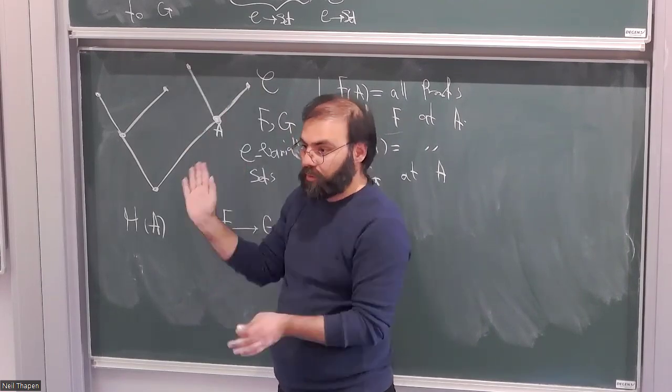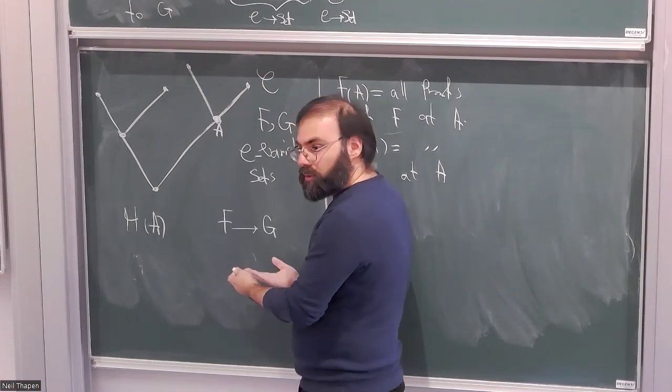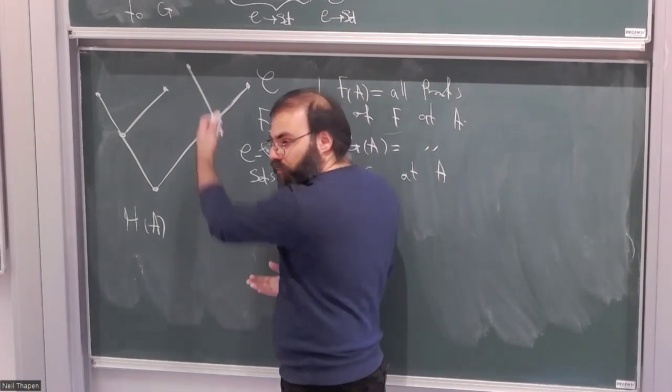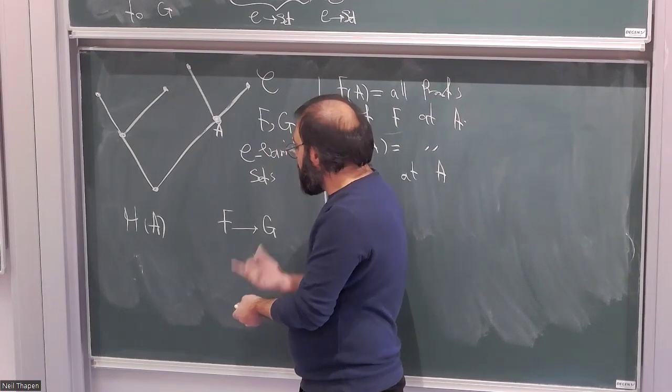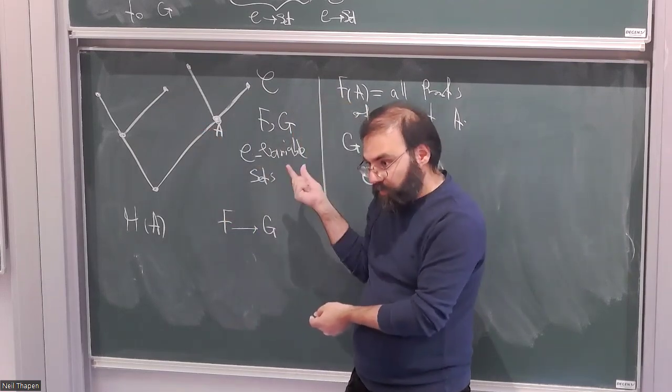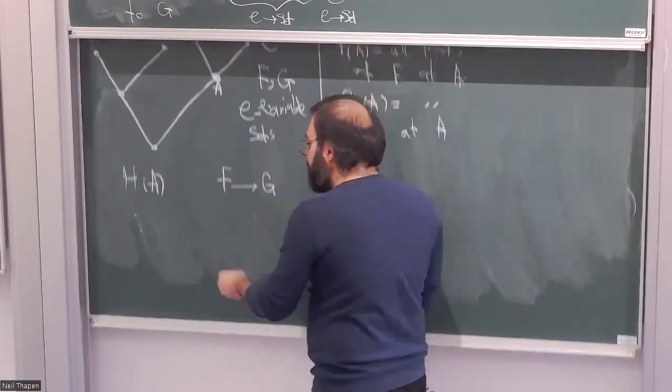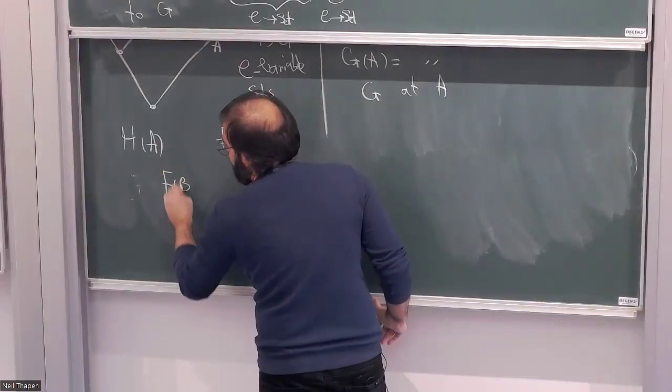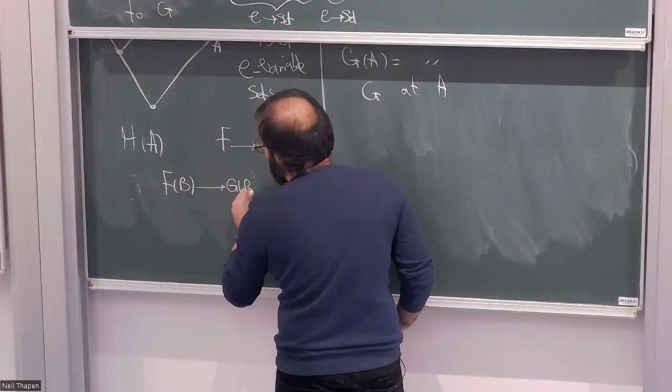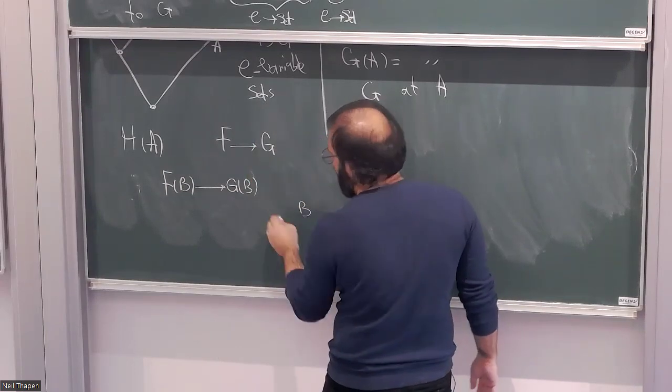You have some fork in the future, but I don't care, right? Always my proof is a proof. It works there, it works there. So it's not really a function from F of A to G of A. It is a function from F of B to G of B for any B above A.